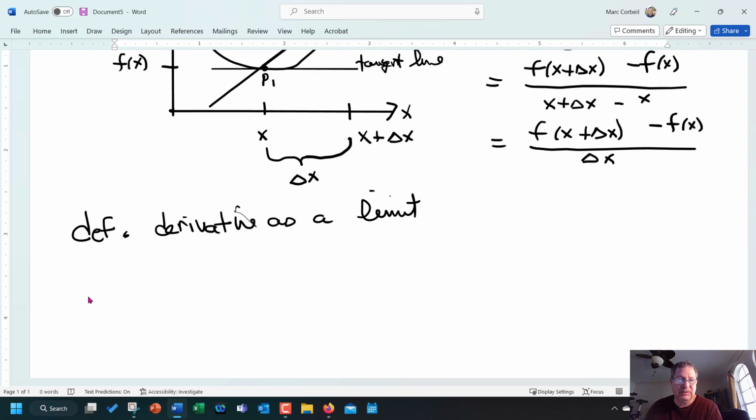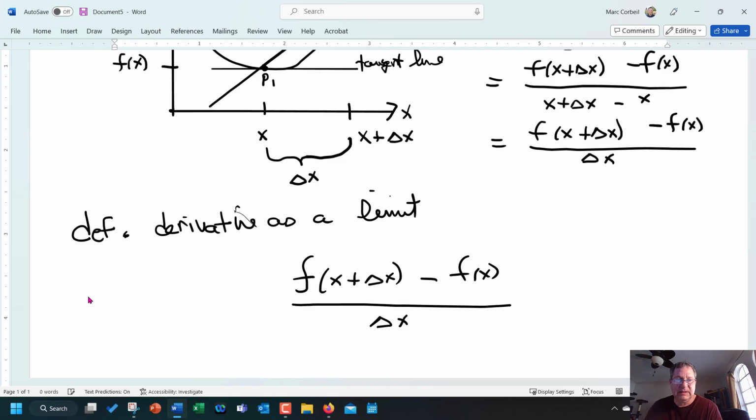So we take the slope of the tangent line, which we'll start with as f of x plus delta x minus f of x over delta x. We take the limit of this, and now we're going to let delta x go to 0.